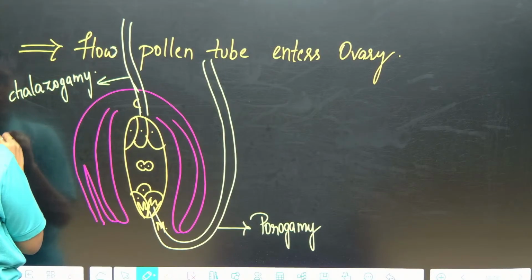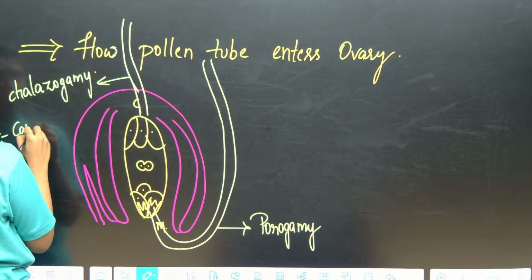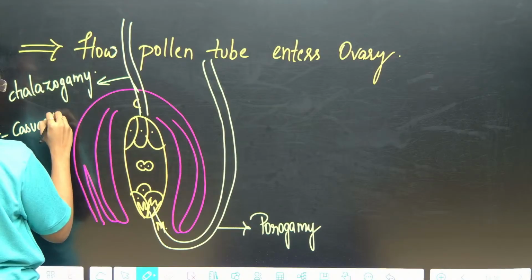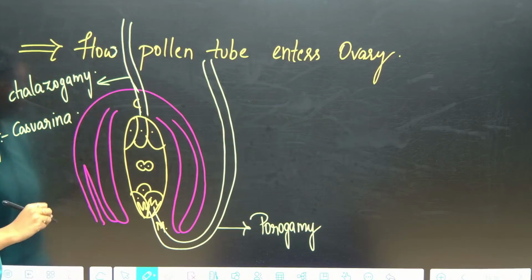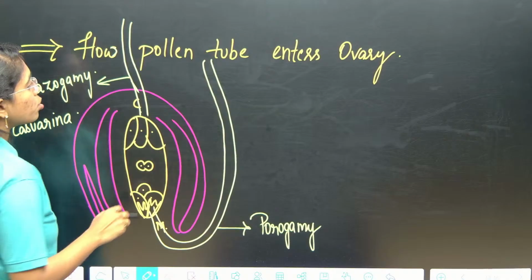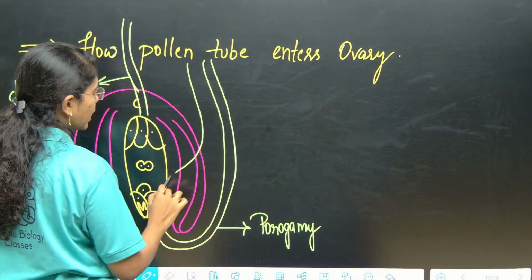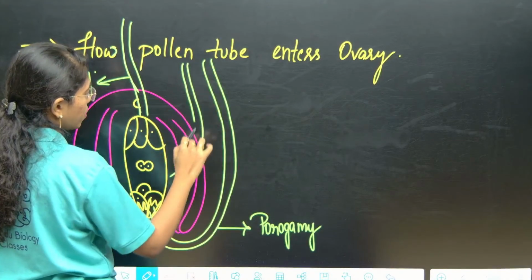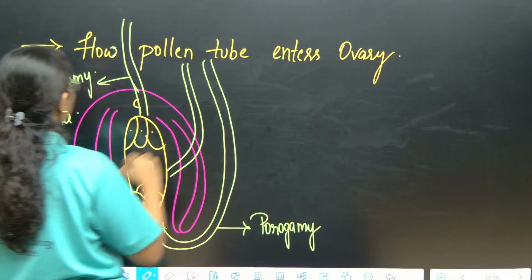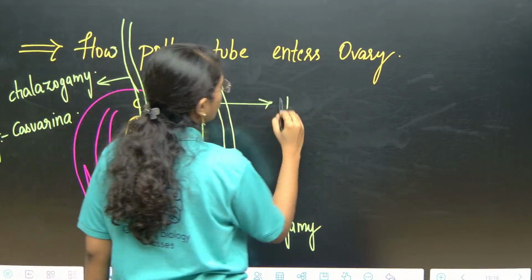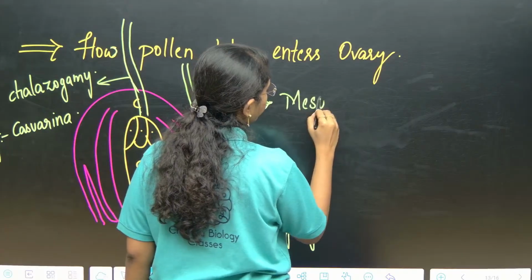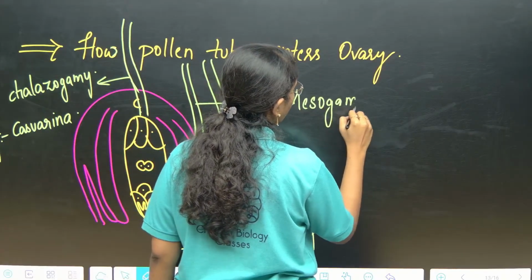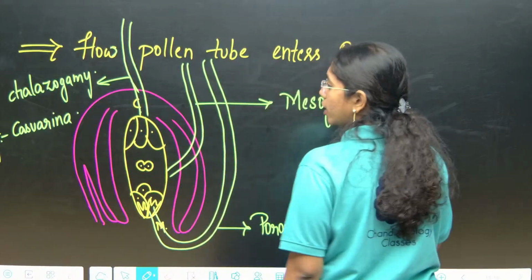Casuarina. Next, if the pollen tube enters through the integuments like this, it is called mesogamy, that is, through the integuments, right?